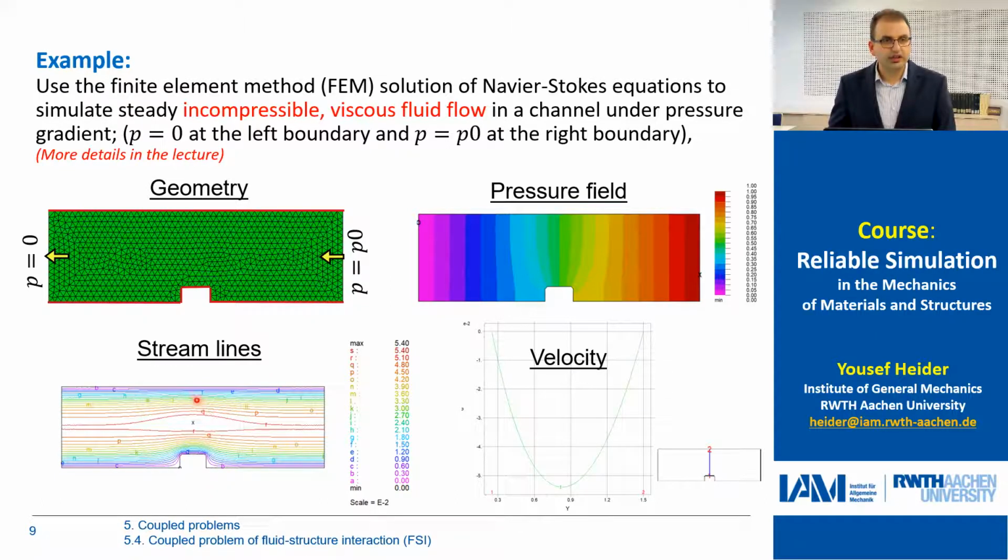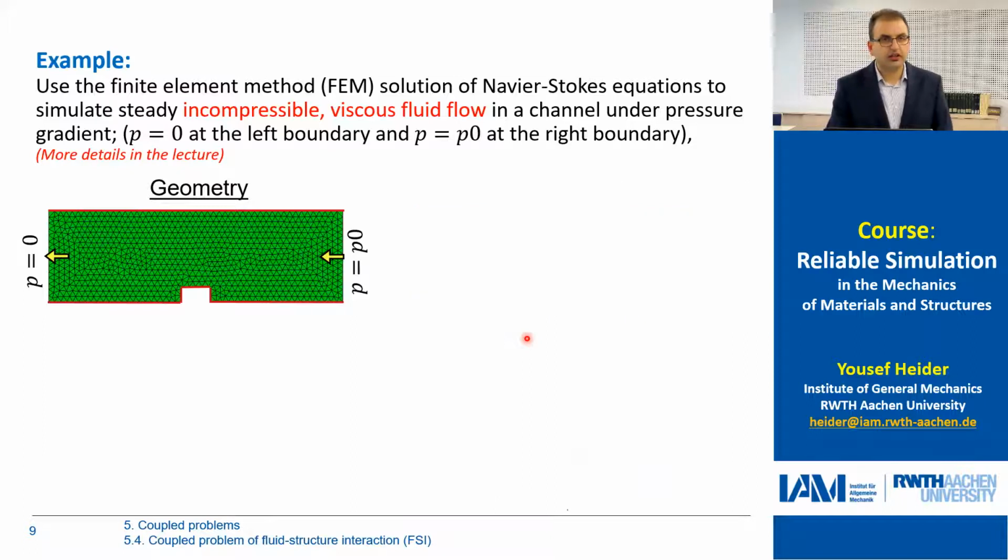If we make a cut here, or we take this section 1, 2, and we look at the velocity, we see, according to our definitions, that we have 0 velocities at the boundary, and the velocity is maximum here in the middle. And this is really the solution of the equation which I presented in the previous slide.